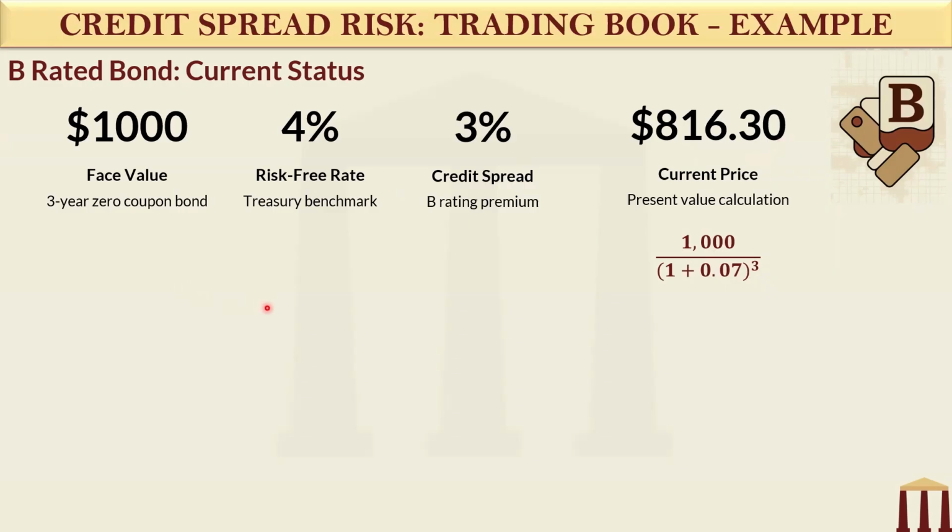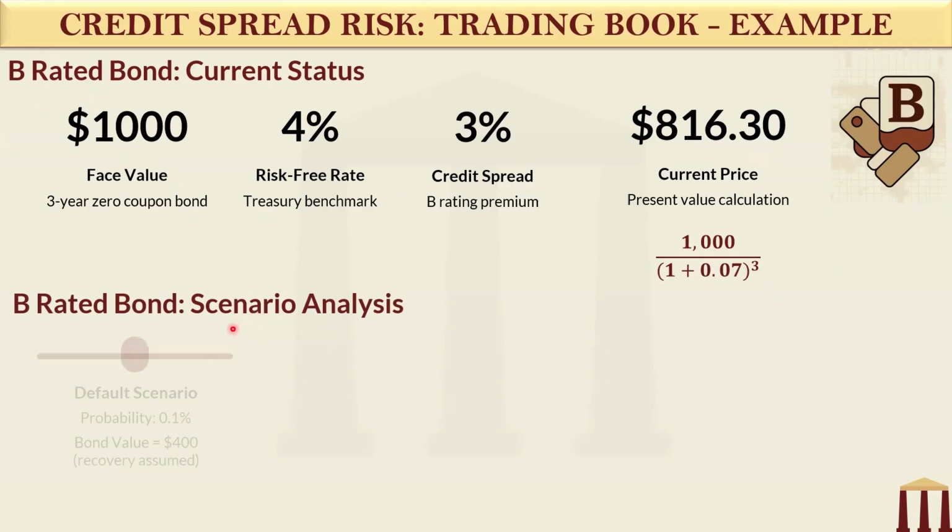Over the next month, currently we discussed the bond is rated as B. So if we want to do a scenario analysis, let's say over the next month, the bond has a 0.1% probability of defaulting.